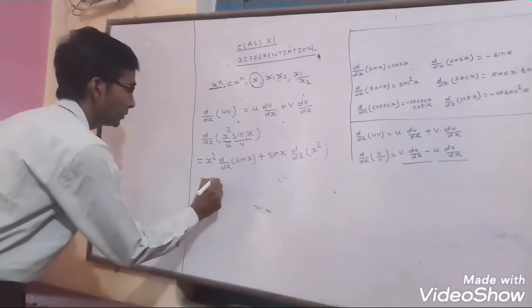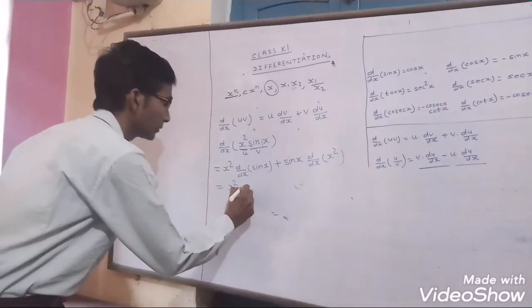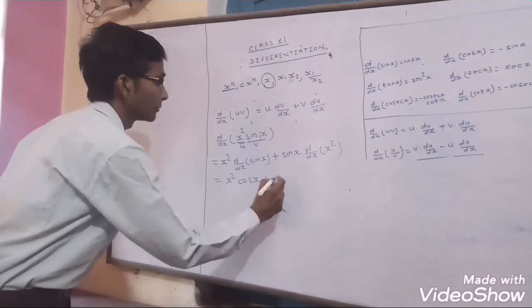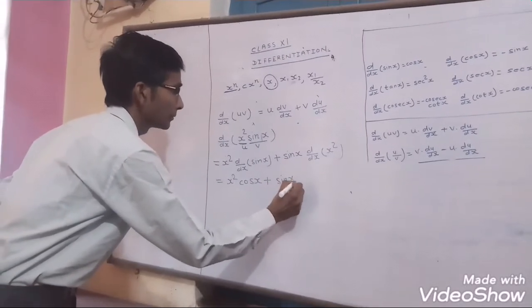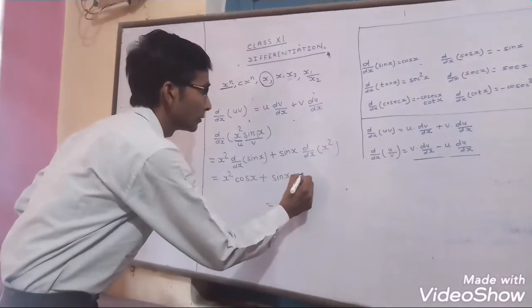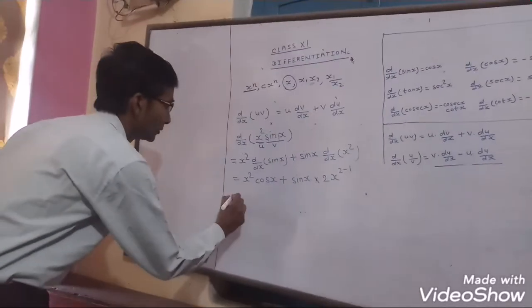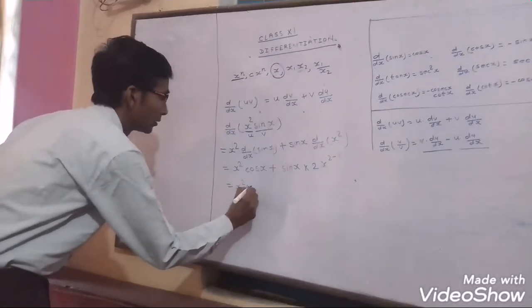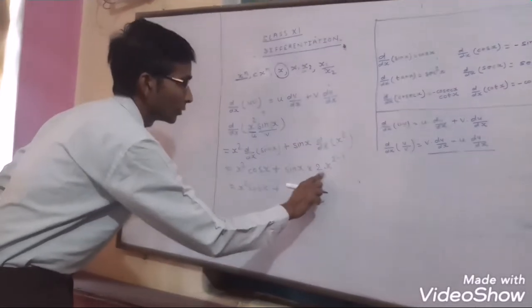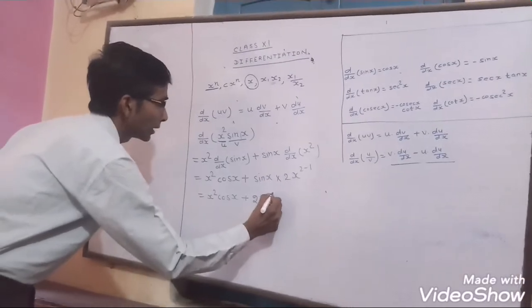The answer becomes x square sin x, differentiation of sin x cos x, sin x, and if we differentiate x square, then 2x^(2-1). The answer becomes x square cos x plus 2x comes here, then 2x sin x.